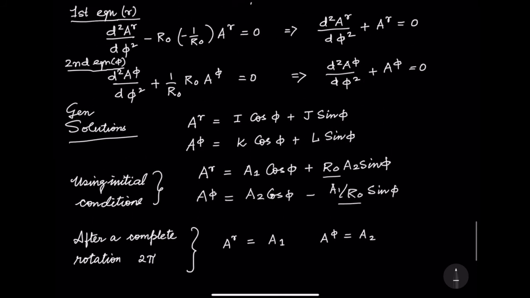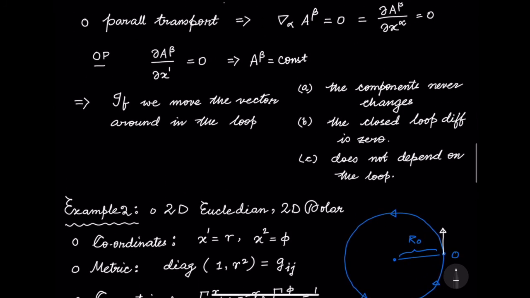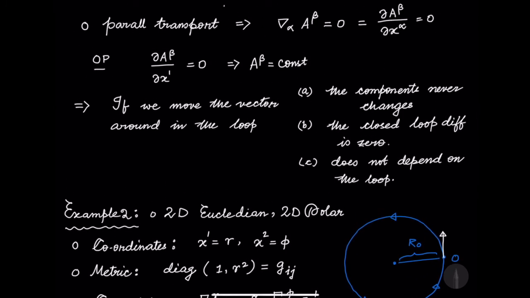So what we have concluded here, let us go back to the previous conclusion and see. If we move the vector around in the loop, for the Euclidean and Cartesian case, the components never change. That is not the same here. The components do change as it goes around the loop. But the closed loop difference is 0 and doesn't depend on the loop.